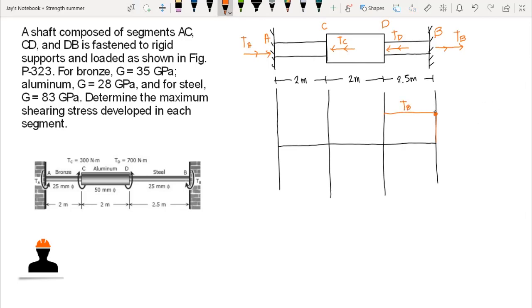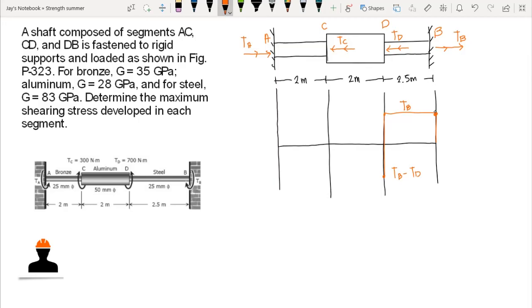Then after that, we go downward since we have TD, the twisting moment at D, pointing to the left. So at this point we have TB minus TD, since we have a negative magnitude for TD.